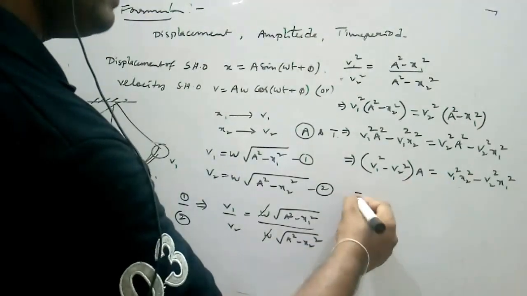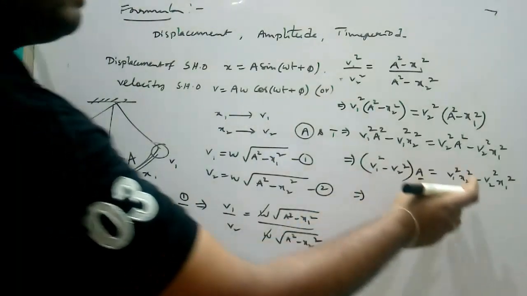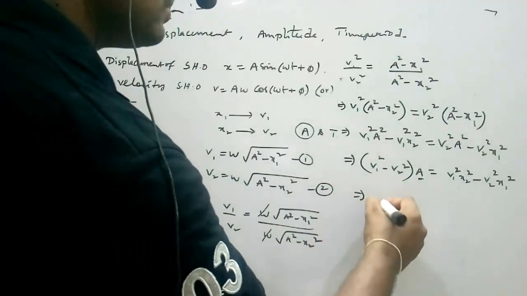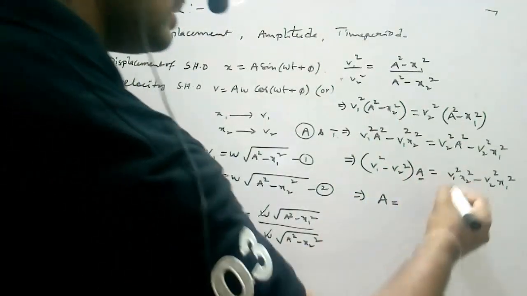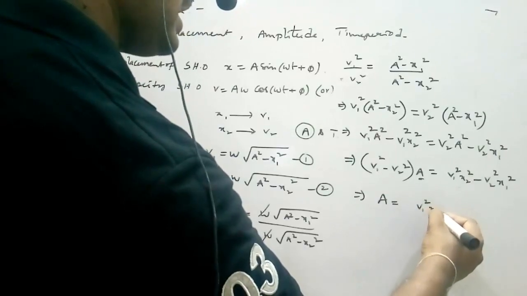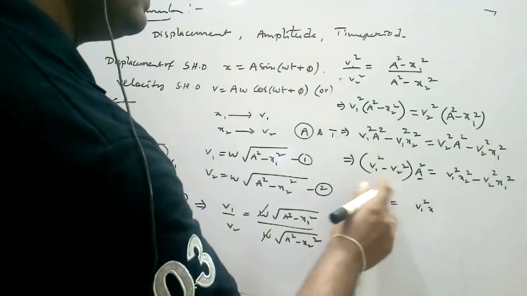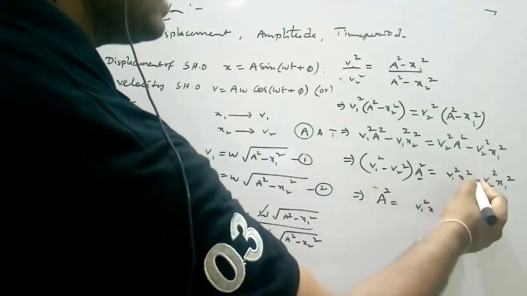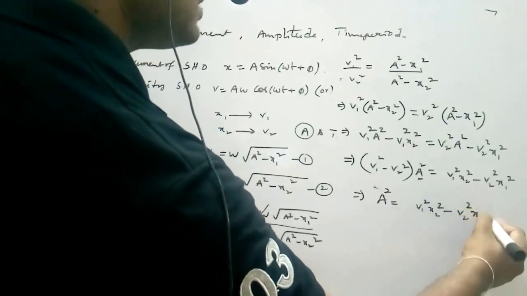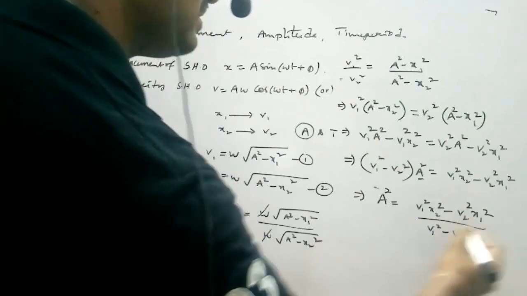From this equation we write the a value, the amplitude of the oscillator, when we know x1, x2, v1 and v2. So a square equal to v1 square x2 square minus v2 square x1 square by v1 square minus v2 square.